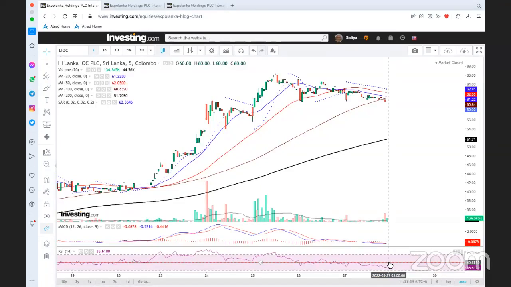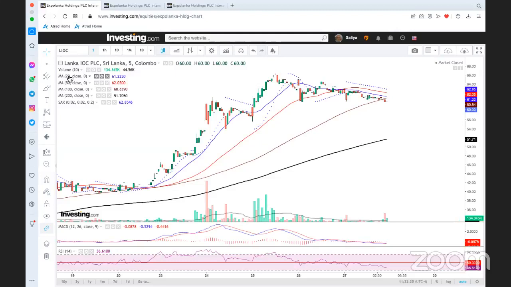Thereafter, you have to see, now that I'm using the 20, 50, 100 and 200 period moving averages, in the case of the 5-minute chart, 20 periods means for every candle you have 5 minutes.